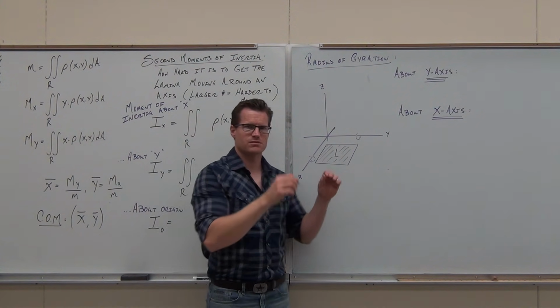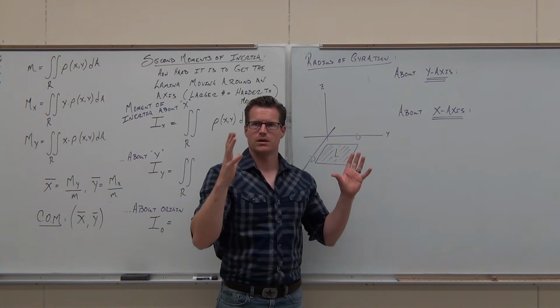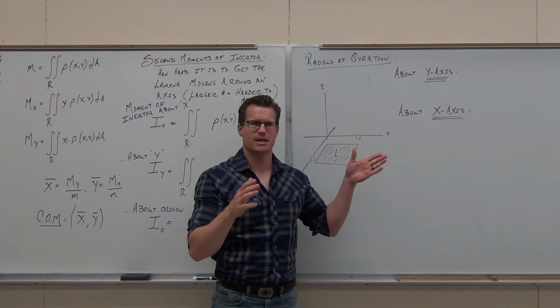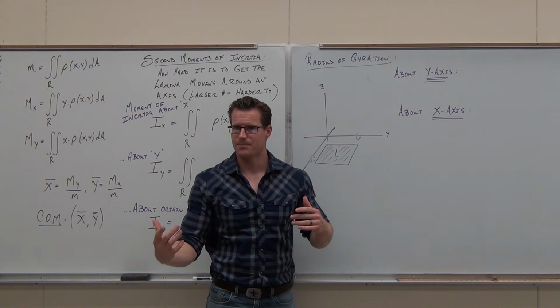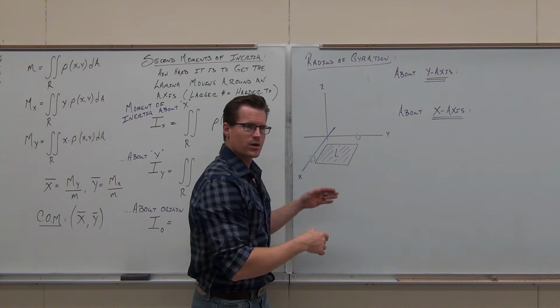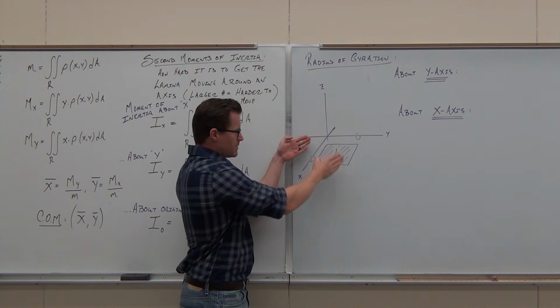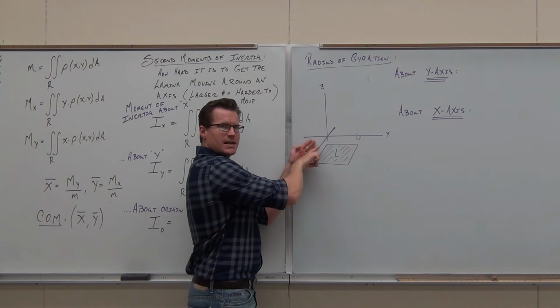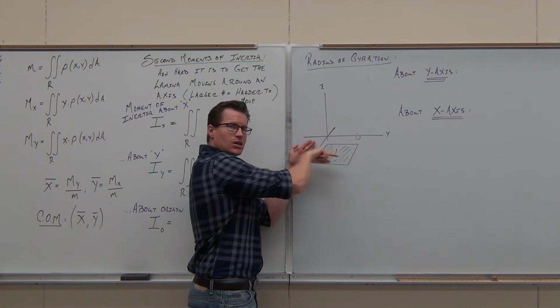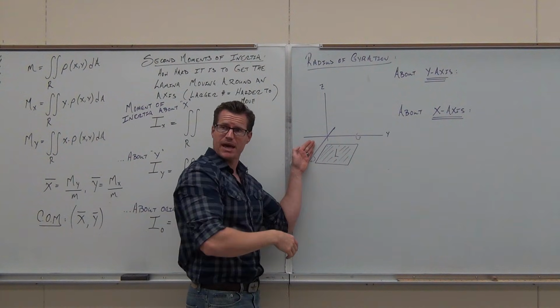That plate, if I just let it go, it's going to have a tendency to rotate, perhaps, around the x-axis and or the y-axis. We can measure that, but keep this in mind. If I want to measure the tendency of this plate to rotate about the x-axis, where the mass is distributed in the axis perpendicular to the axis of rotation matters.